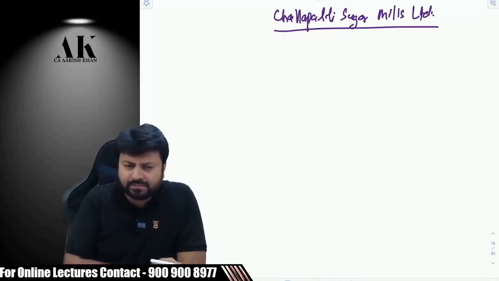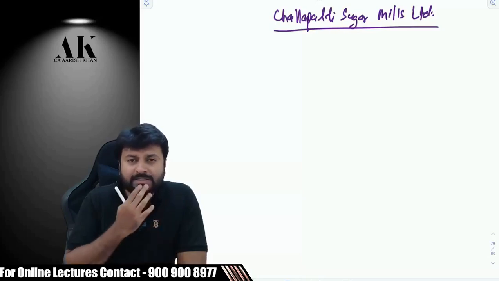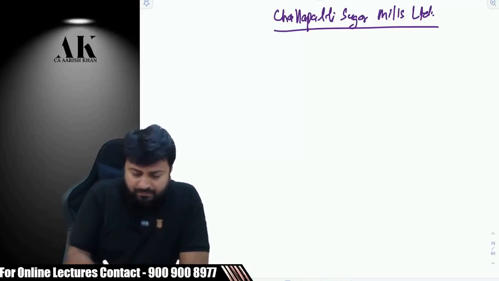It's a very old case, but one of the landmark judgments of the income tax law. Because of this judgment, there was a great transformation in the accounting standards also. ICAI also learned a lot of things from this judgment, and they brought some standards out of it. Now, what exactly was this judgment?